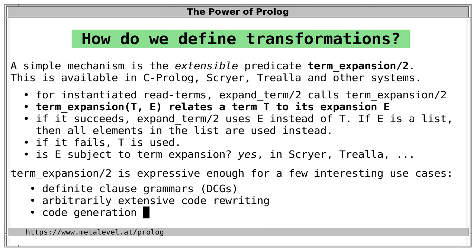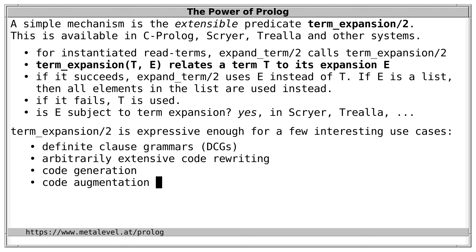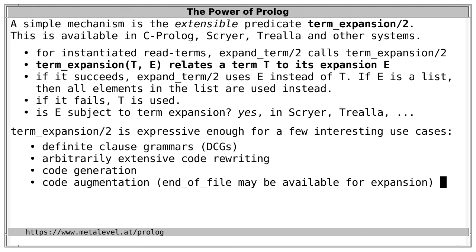It's again a list of clauses. Another and related use case is code augmentation. For instance, we may want to add certain clauses to all programs that use a library. And a Prolog system may provide this feature with the virtual read term end of file, which gets a chance for expansion at the end of every file. Currently, some systems do and some don't. So a common standard would be nice.